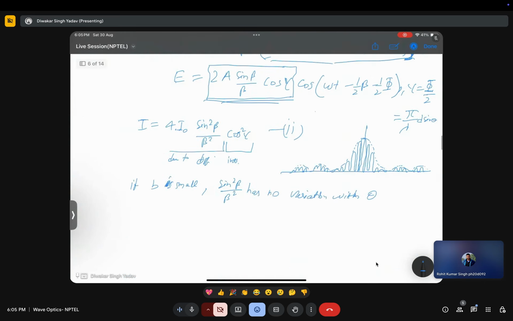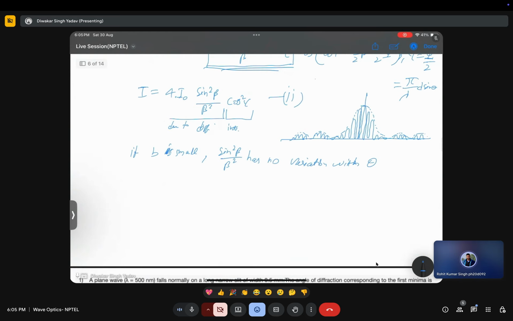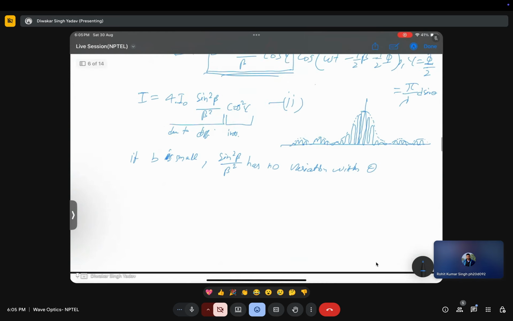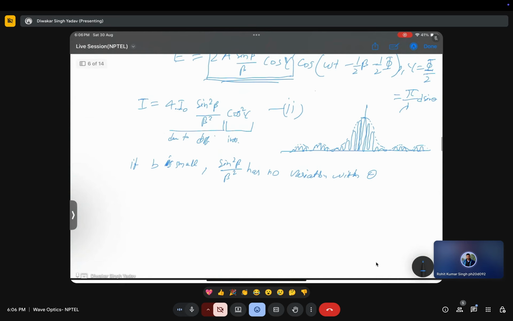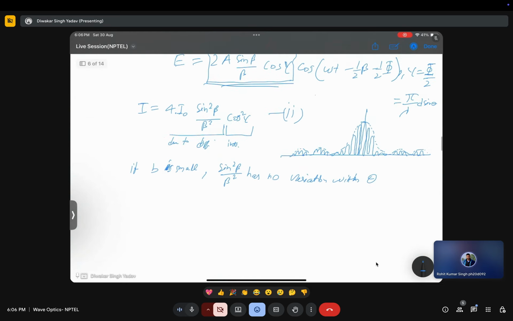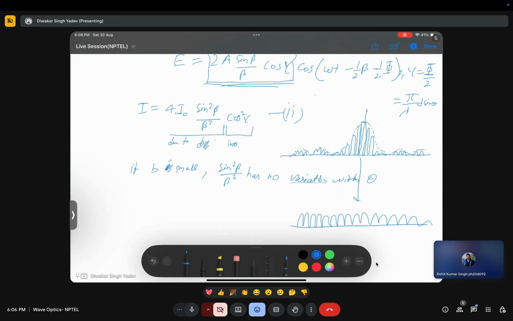So this diffraction pattern will not appear and you will get only the interference. Okay, so you will have only the 4 cos square gamma, which was the intensity due to the interference that we have already calculated during Young's double slit experiment. So what you will see in this case is that now you will have all of them equal like this. Understand?